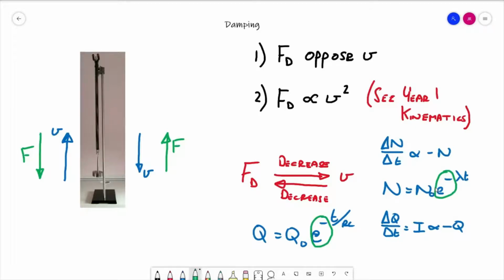So when we bring this back to SHM then, we can see that we've got to have an exponential decrease in something, and we can hopefully see that that exponential decrease will occur in the velocity. Now, because the exponential decrease occurs in the velocity, and we know that velocity is a derivative of the displacement, we can hopefully see that the displacement will also exponentially decrease, or at least the amplitude will exponentially decrease as well.